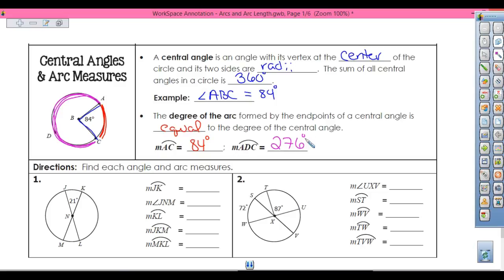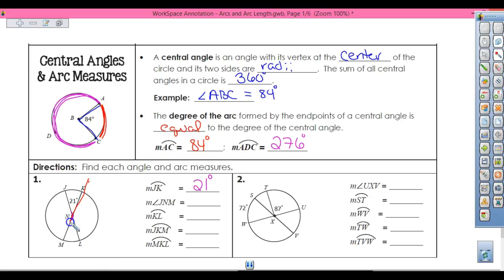Okay? So, in number 1, if this angle is 21, what's arc JK? 21. Now J and M, this angle right here. I will give you a clue.